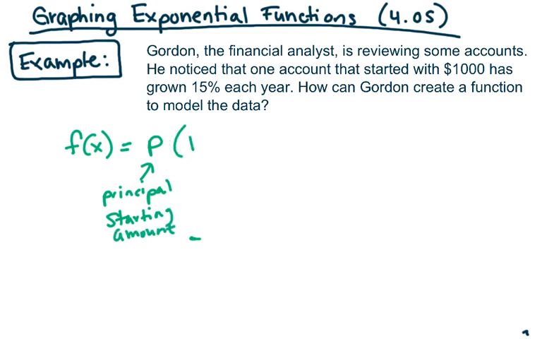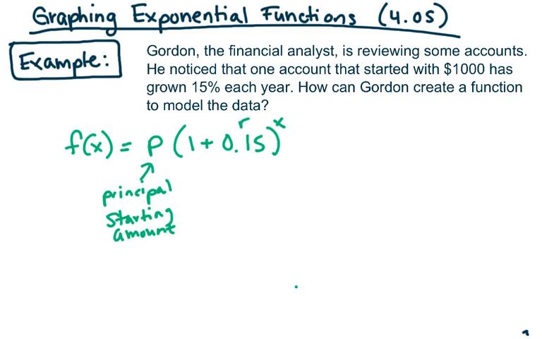We're always going to put a 1 here to represent the amount that's already there. And this is a growth function, so we're going to add our rate, not subtract our rate. It's growing at 15%, and we want to write 15% as a decimal, so that would be 0.15, to the x value.